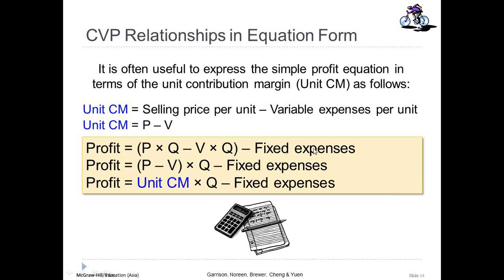That's the universal equation for cost, volume, profit. Price minus variable expense per unit, this is per unit, times the quantity minus the fixed expenses. It's just taking these two numerical values and subtracting them. The difference is essentially the unit contribution margin. So contribution margin per unit times the quantity minus fixed expenses.